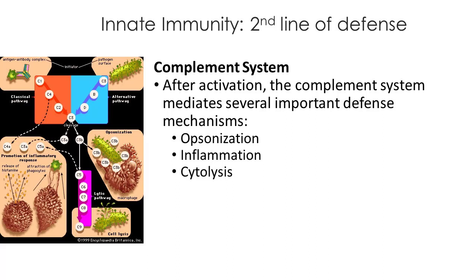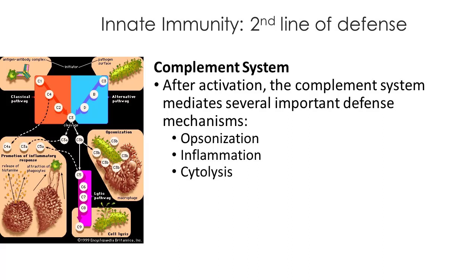You can also start this process in what's called an alternate pathway when you recognize a foreign sugar, polysaccharide. Saccharide is sugar, right? So when you recognize a foreign sugar on a bacteria or other pathogen, that's going to activate a different complement protein that's going to follow a pathway that leads to a common point that then can activate these downstream physiological and immunological responses.